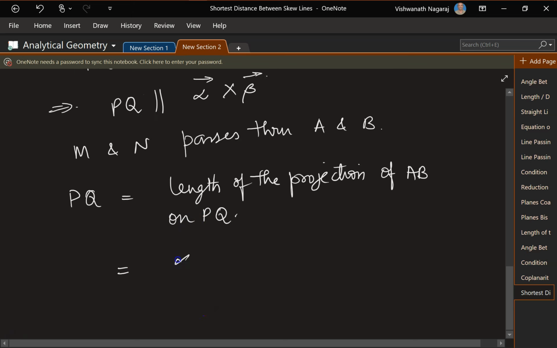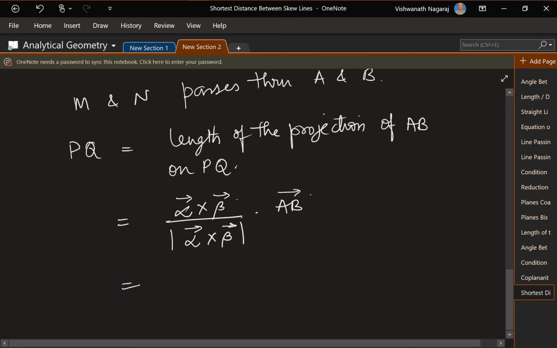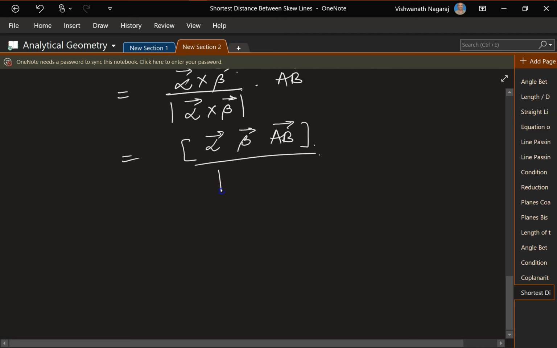And we know how to do it. Alpha cross beta divided by the magnitude of alpha cross beta, dot AB. We know the numerator is nothing but the scalar triple product, right? So we can write it as [alpha, beta, AB] divided by the magnitude of alpha cross beta.